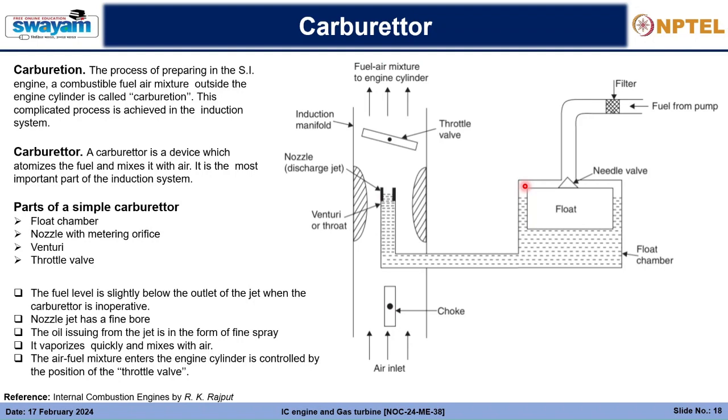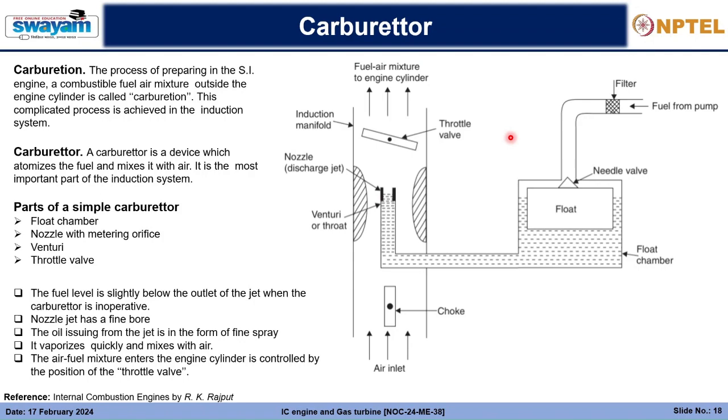So for a compression ignition engine like a diesel engine, we do not need a carburetor. This carburetor is only needed for petrol engines. There are a few drawbacks of carburetors because of which they are now getting obsolete, and we are not using them now.